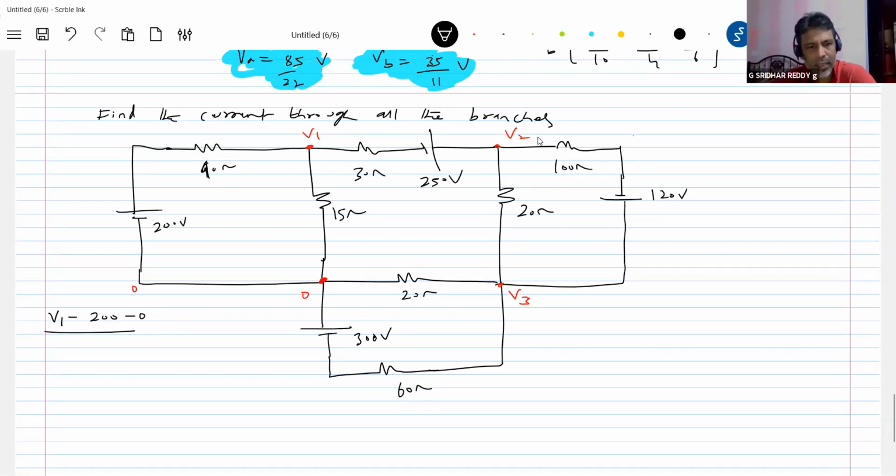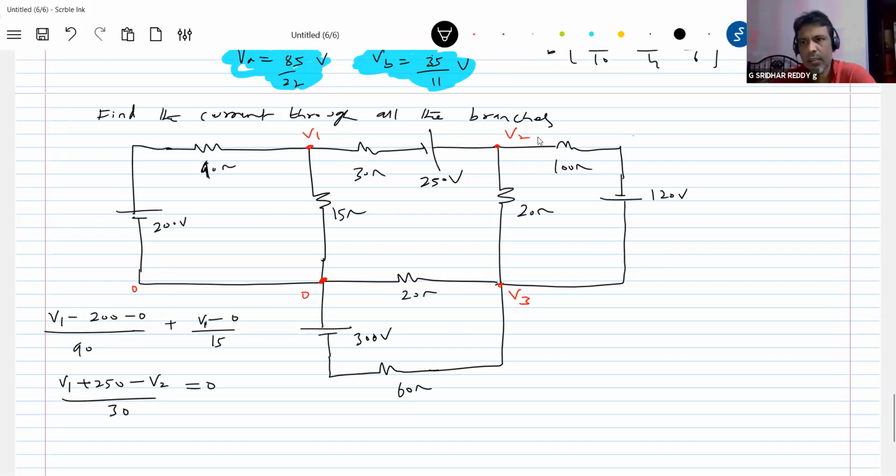You write better 0, you'll get the exact picture. I'm taking this branch. V1 minus 200 by 90 plus V1 minus 0 by 15 plus V1 plus 250 minus V2 by 30 equal to 0.